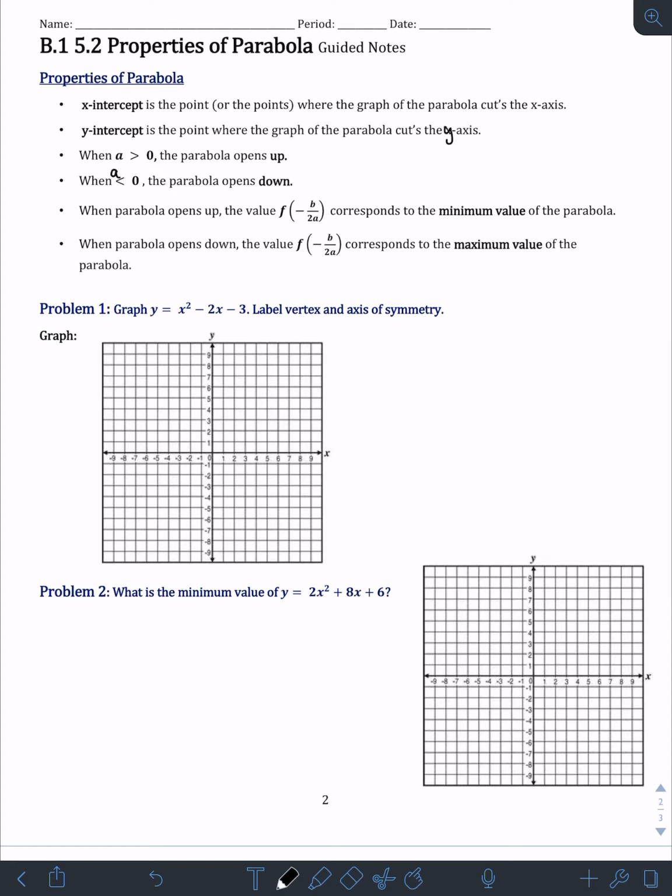In this first example we want to graph y equals x squared minus 2x minus 3. We want to find the vertex. Well, before we find the vertex, let's find a, b, and c. So a is 1, b is negative 2, and c is negative 3. Now I want to find my vertex and axis of symmetry.